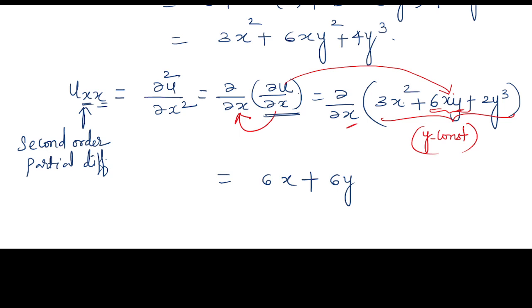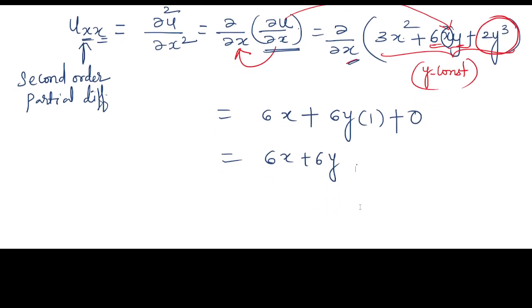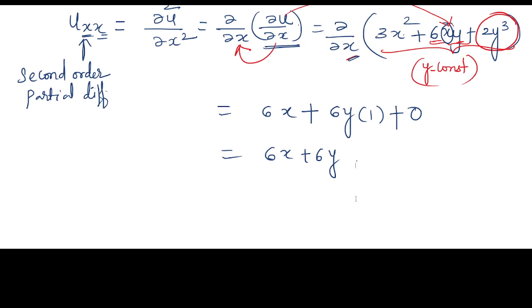Now derivative of x with respect to x is 1. Plus, the last term 2y cube is totally independent of x, so its derivative with respect to x is 0. The result is 6x plus 6y. This is the second order partial derivative.